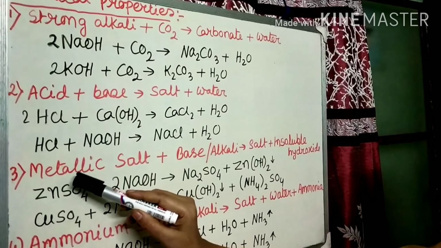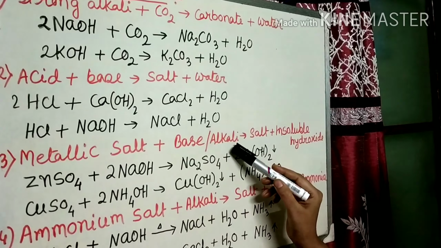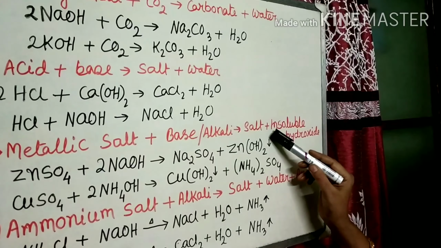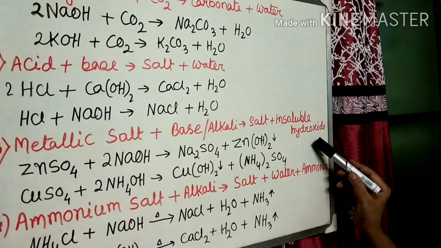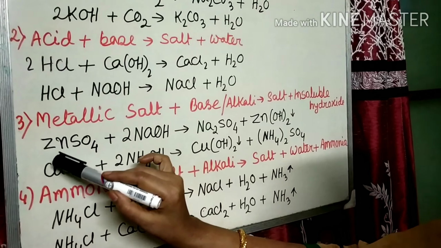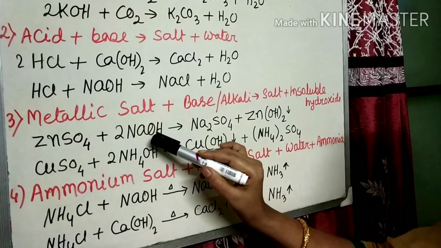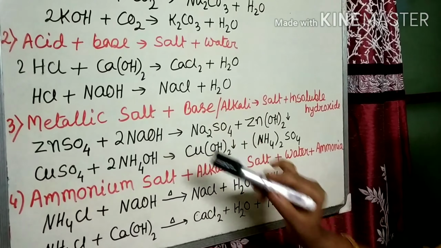Number 3, when a metallic salt reacts with a base or alkali, then salt and insoluble hydroxide are formed. See example, ZnSO4 plus NaOH. This means NaOH is an alkali.